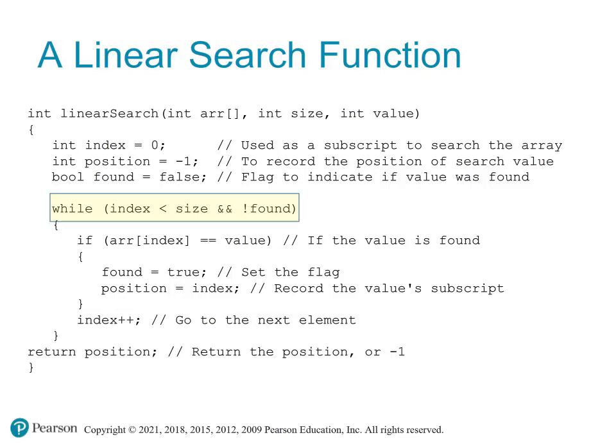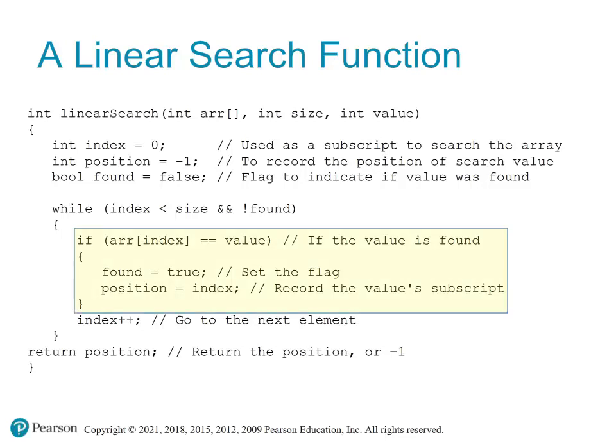A while loop starts, which will continue as long as index is less than size and found is false. Inside the loop, we check if the current array element arr subscript index is equal to our search value. If it is, we set found to true and position to the current index.